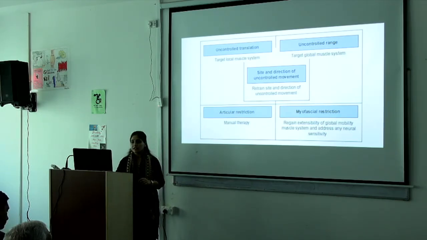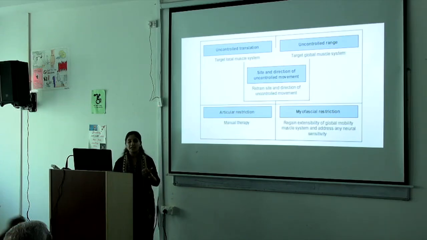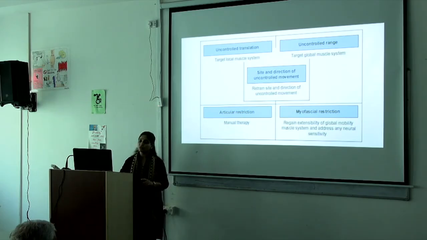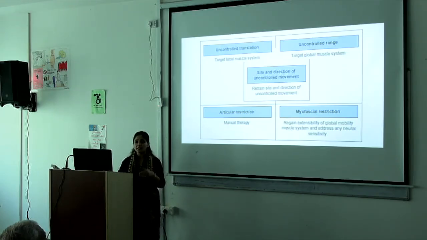Site and direction of the uncontrolled movement will be checked and then it will be taken care of. And the last one will be the articular restrictions that can be dealt with manual therapy, and myofascial restrictions that can be dealt with regaining the extensibility of the global muscle system, that is the big muscle group of our body.